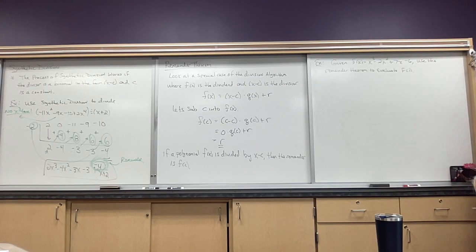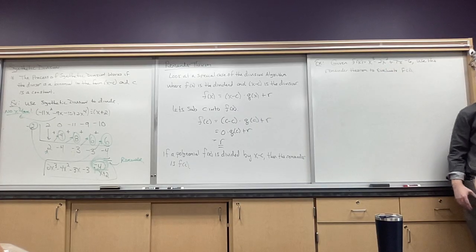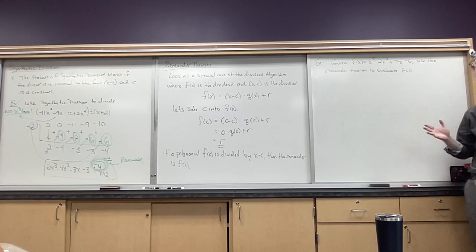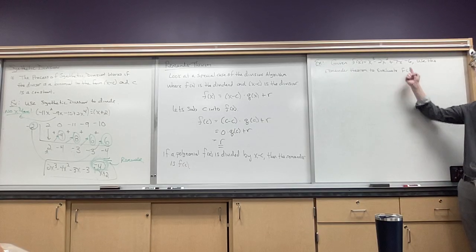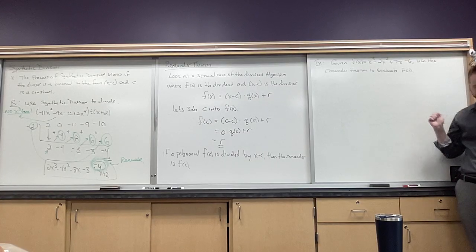Now, could I figure this out without division? Yes. All it wants you to do is plug 1 into here and get an answer. But looking at what I talked about with the remainder theorem, I can get to the answer the same way as if I just divided this by 1. And whatever the remainder is will be the answer.